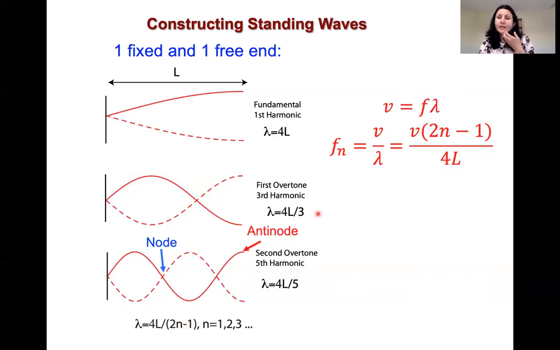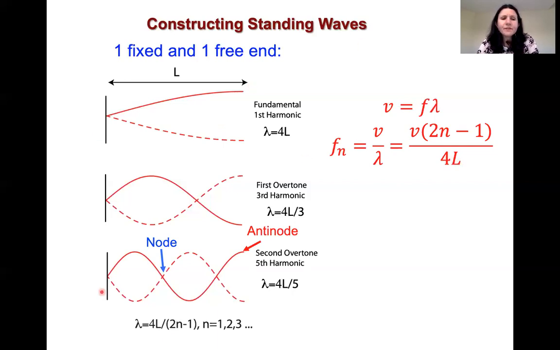Again, we can solve for frequency here, and we get a slightly different expression for frequency. But as in the case of standing waves with two fixed ends, what we're seeing is discrete wavelengths that we can have, thus discrete frequencies. We can no longer have any frequency that you want, as you would on a continuous wave.